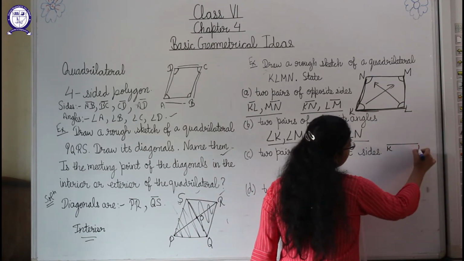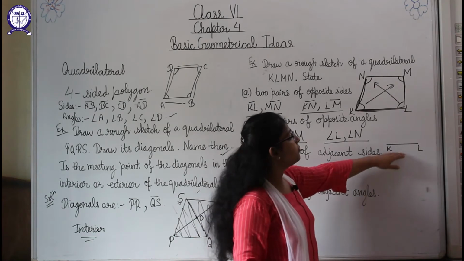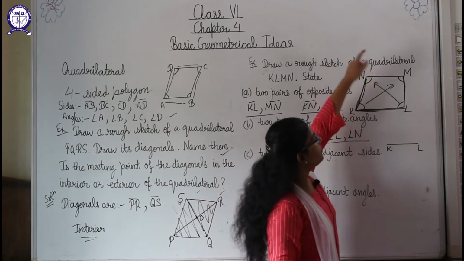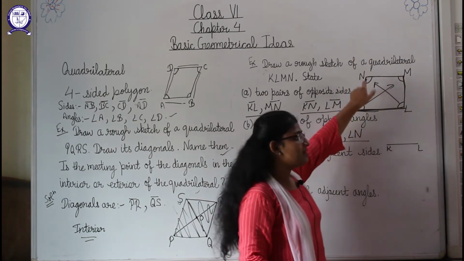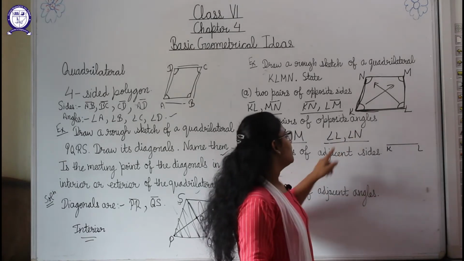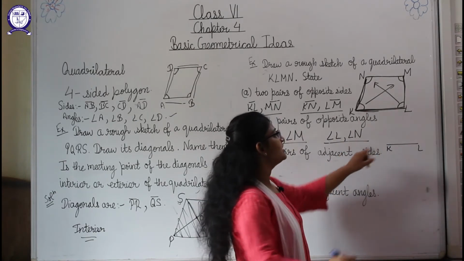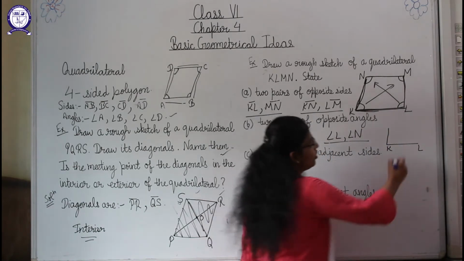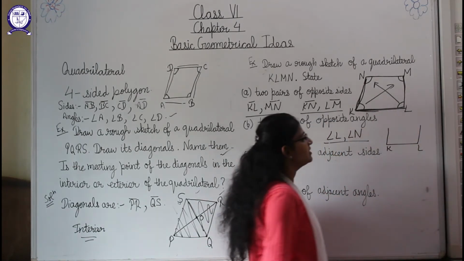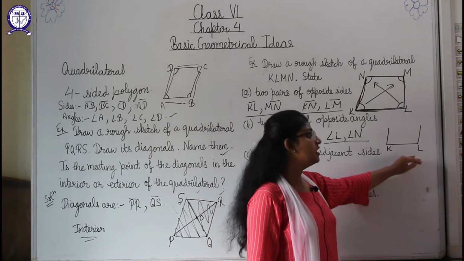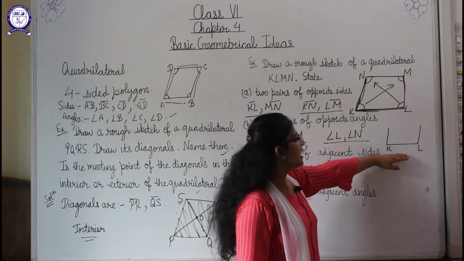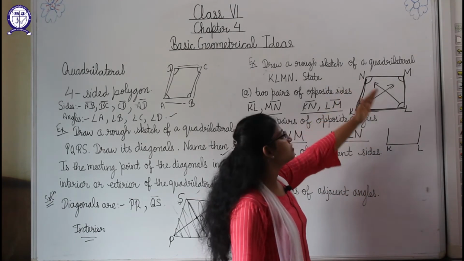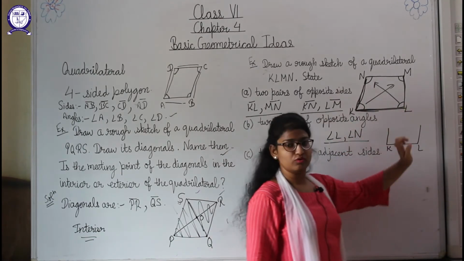KL is the side here. If we have to talk about the opposite side, then the upper one, MN, will be the opposite. But if we are talking about adjacent sides, then this one or this one can be the adjacent of KL. Okay, so it's your choice. With KL you can write KN also, or you can write LM also.